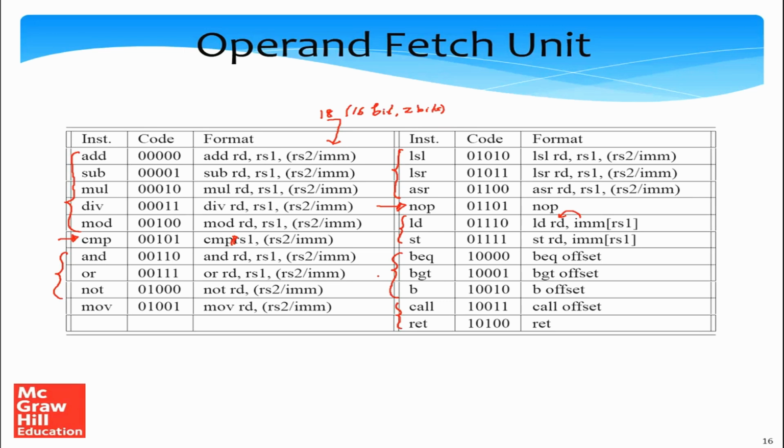And since we have 21 instructions, we require 5 bits. That's the reason we have a 5-bit code, and this code is also called the opcode. It's a traditional name for the code of an instruction, opcode or operation code. So this 5-bit opcode uniquely identifies an instruction.